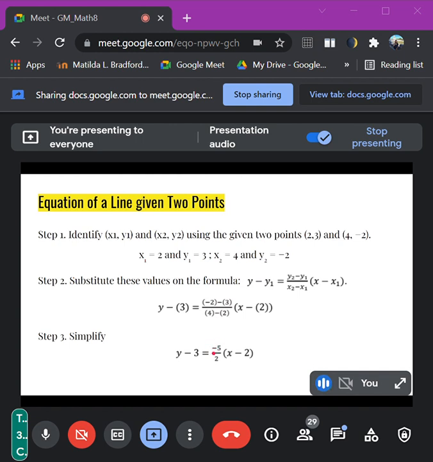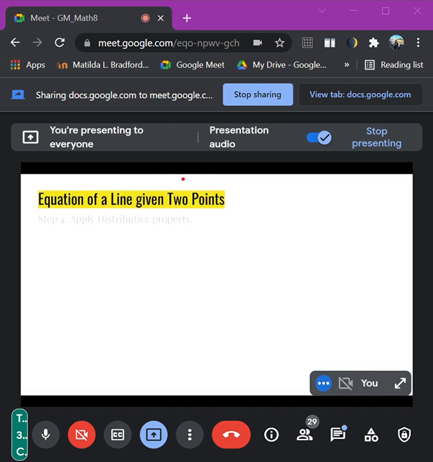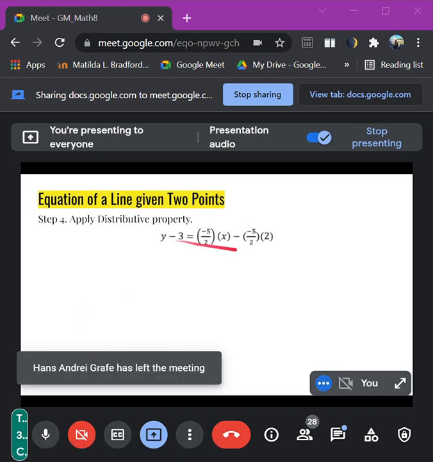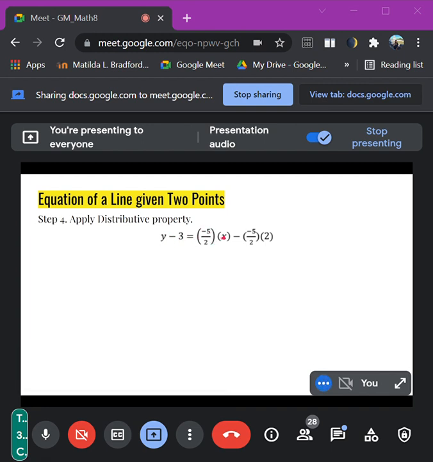So, negative 5 over 2 times x, and then negative 5 over 2 times negative 2. Okay, so ana, atong distributive property. So you will have there, nahimo na siya og y minus 3 is equals to negative 5 over 2 times x minus negative 5 over 2 times 2. Okay, nasundan ra ba giun sa ang distributive property?